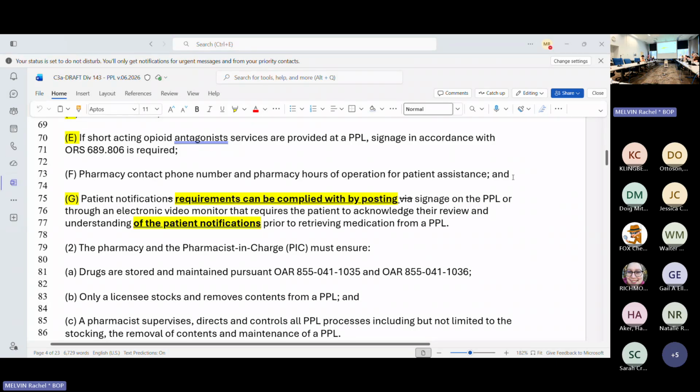So for the people who are concerned about that, that would simply be extended to this PPL, where they could contact a pharmacist on call, as long as they have the ability to contact a pharmacist. It doesn't necessarily have to be in the pharmacy's business hours, but as long as they have the ability to contact a pharmacist, and that's part of your business model, then you would be meeting the requirement, correct?